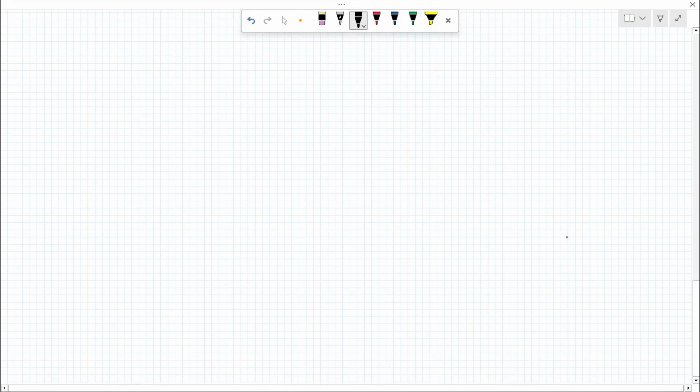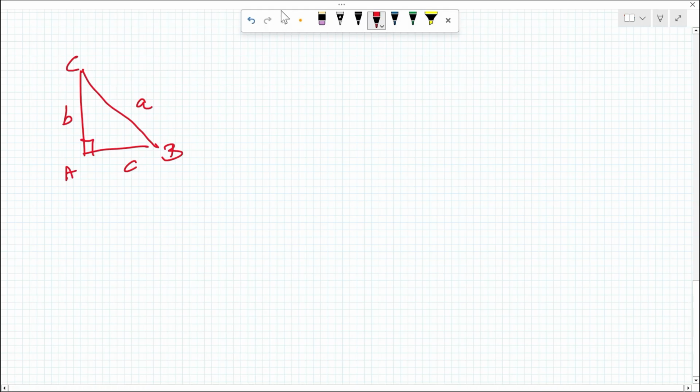Now the most important thing that I want you to recall is the famous Pythagoras theorem. So if I have a right angle triangle, let me call it A, B, C. The side opposite to the right angle, we give it a special name, we call it the hypotenuse.